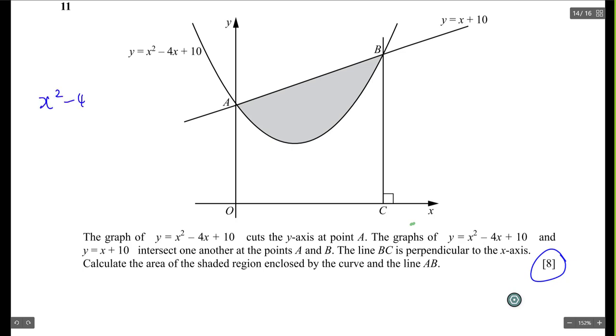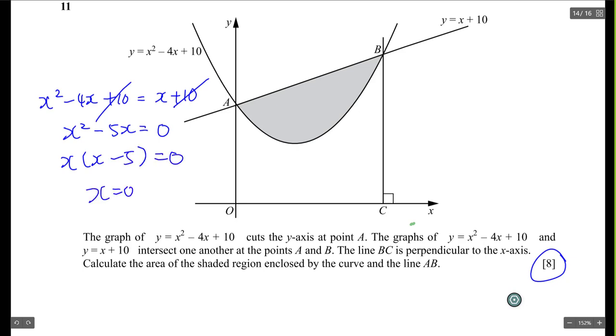So x squared minus 4x plus 10 equals x plus 10. So the 10 and 10 cancel. So x squared minus 5x equals 0. Factorize out the x, so your x coordinates are 0 and 5. Nice, we have the 0 and 5.